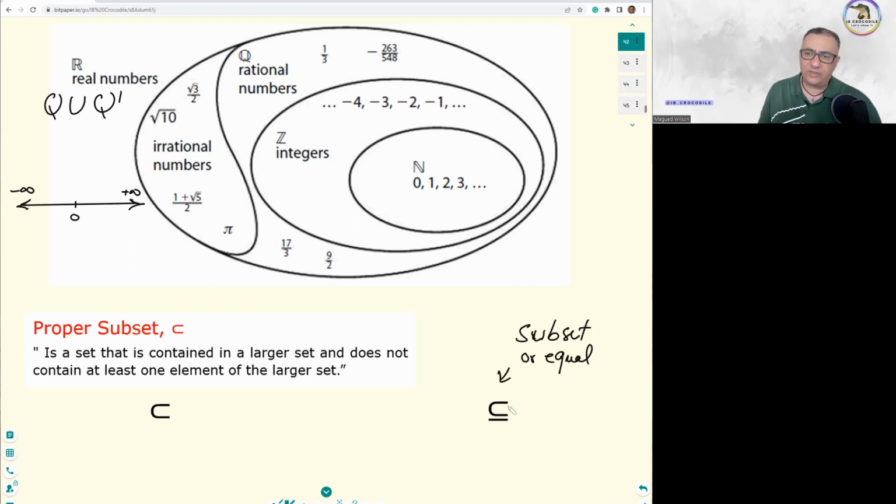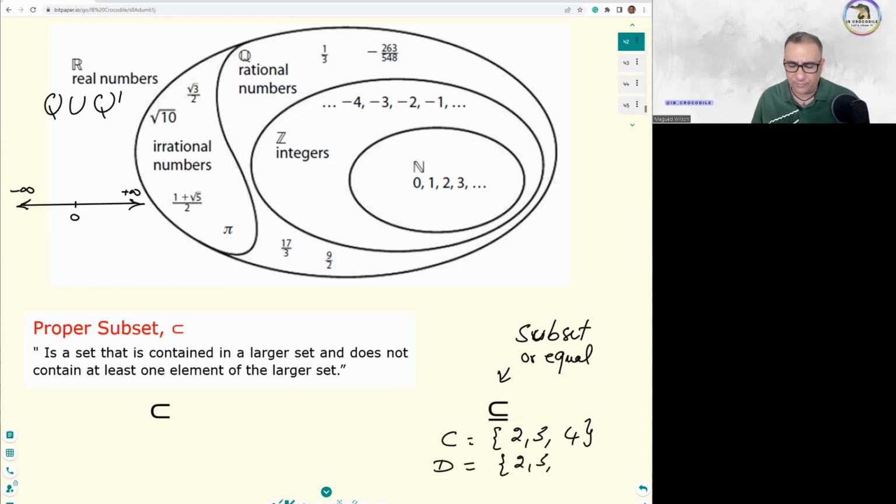So let's talk first about subset or equal. So if any set, like let's say set C, has, for example, elements 2, 3, and 4. Okay. And then another set D has also the same elements 2, 3, and 4.